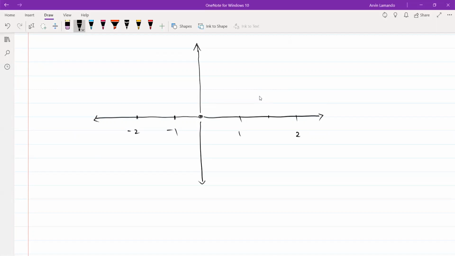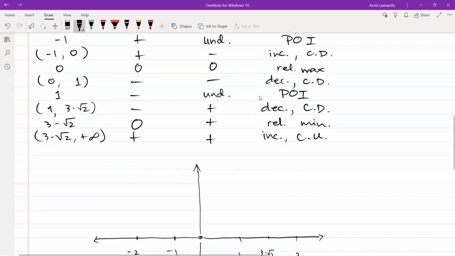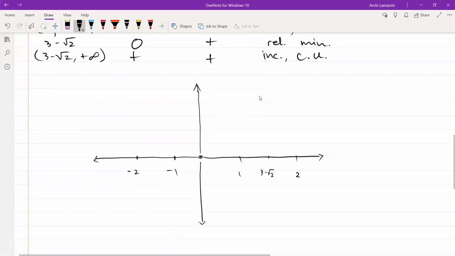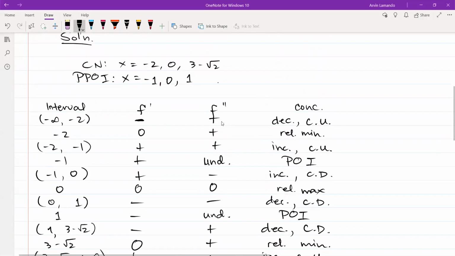So 3 minus square root of 2 should be somewhere between 1 and 2. Now, you can pretty much draw your curve anywhere as long as it satisfies the behavior of f prime and f double prime.